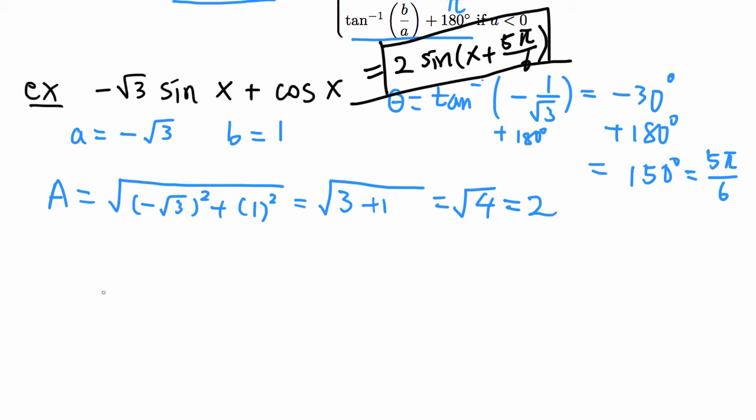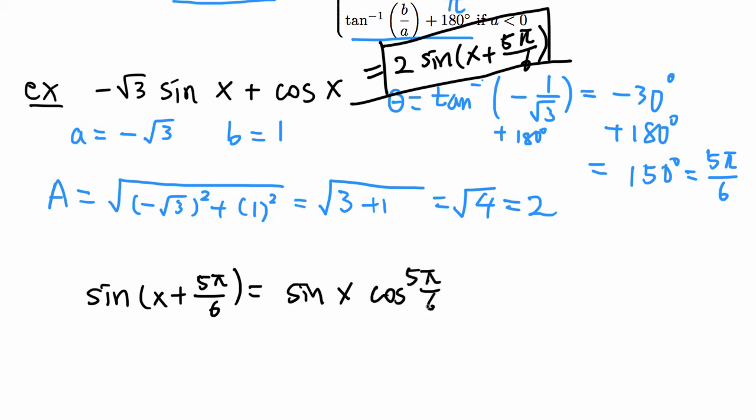For this specific example, if you think about sine of x plus 5 pi over 6, and apply the sum and difference identities, this is sine x cosine 5 pi over 6 plus cosine x sine 5 pi over 6.